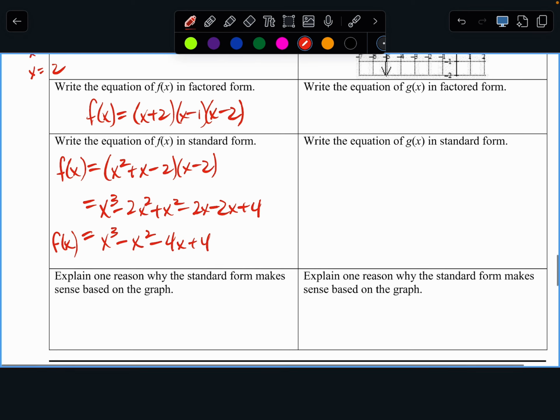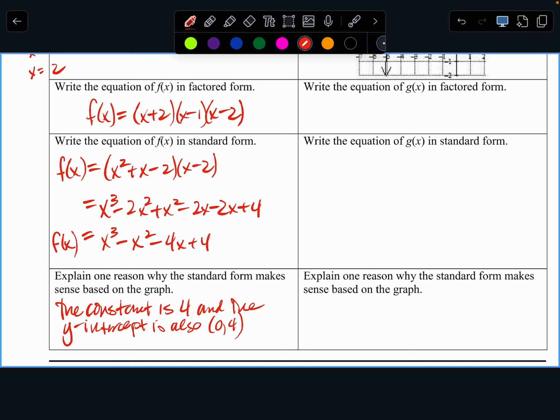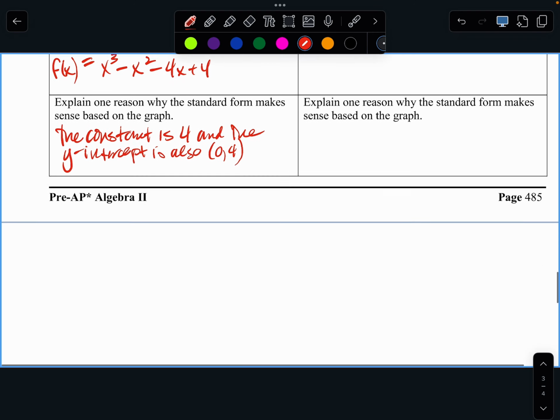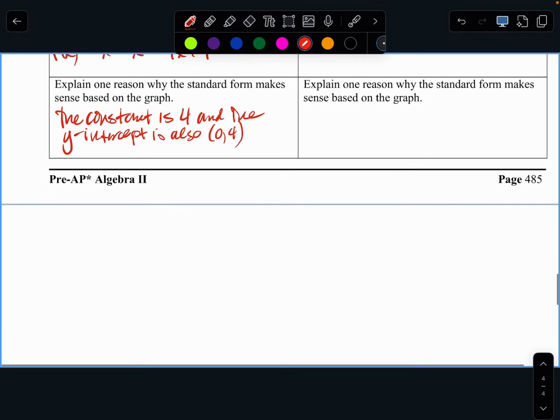This standard form makes sense because the constant is 4, and the y-intercept is also 4. Also, there are 3 factors, and it's a third-degree polynomial, so either of those reasons would work great.